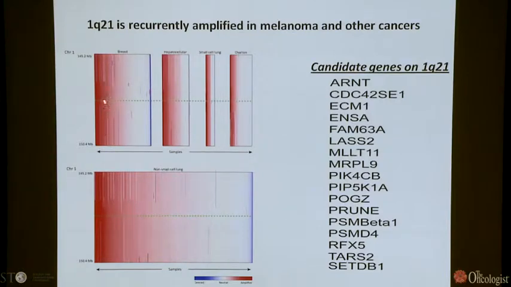And so when you drill down and look at this chromosomal interval, there were a number of candidate genes, and actually this is only a partial list, turned out to be about 30 candidate genes in this region, any of which really could have been the genes that were driving the oncogenic changes. And so this was really the gene list that Yariv and Craig started with as candidate genes.